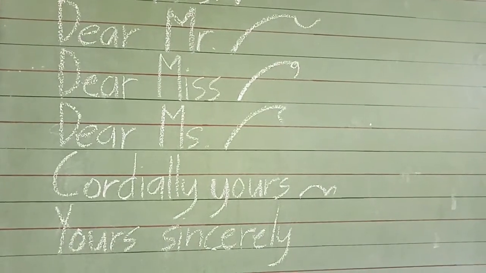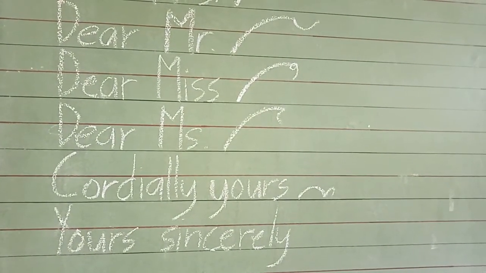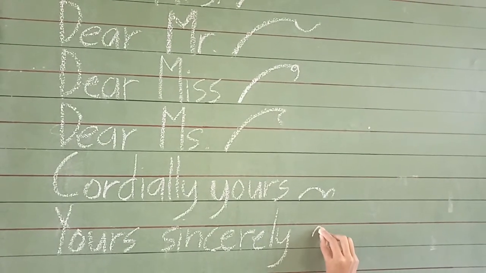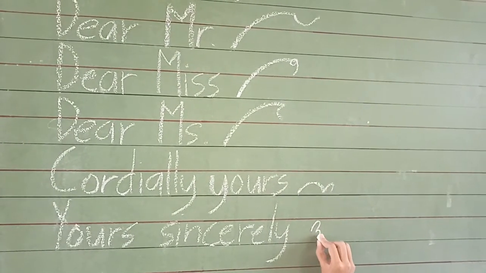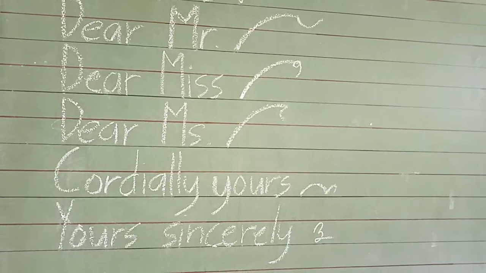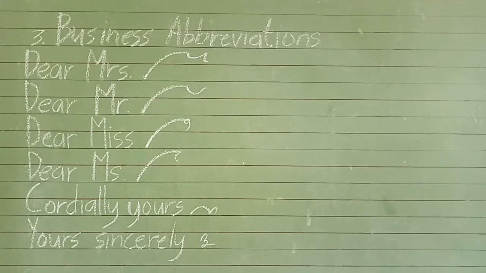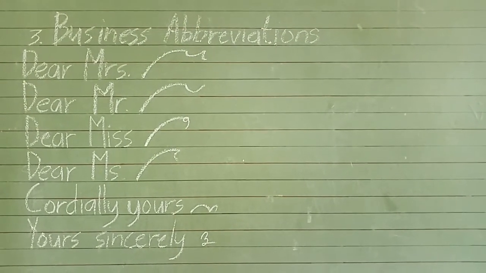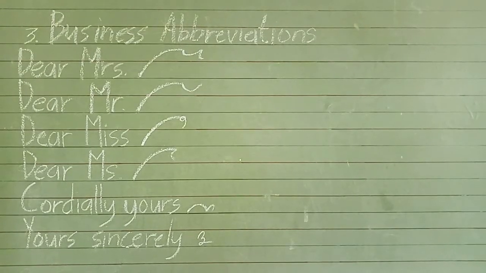Next, yours sincerely is represented by OO, S, E, and N. And these are the principle number 3, business abbreviations.